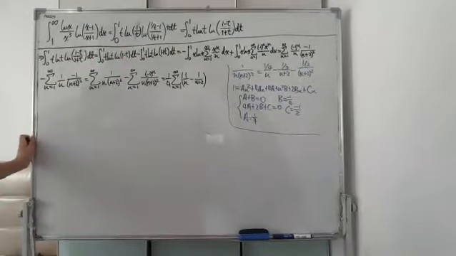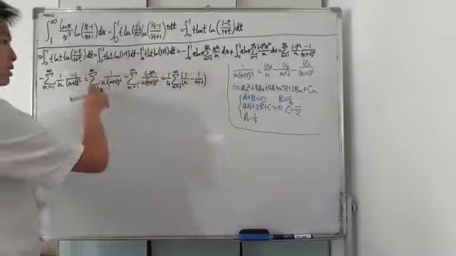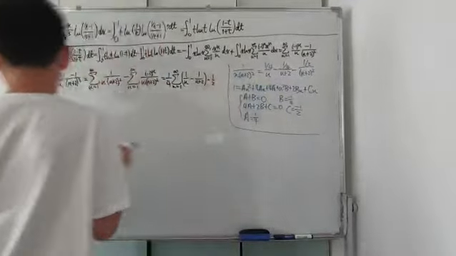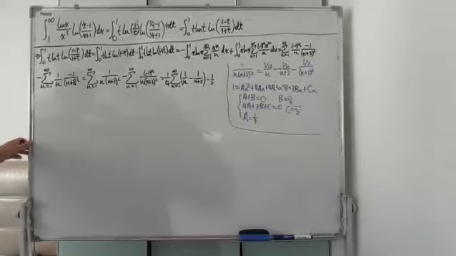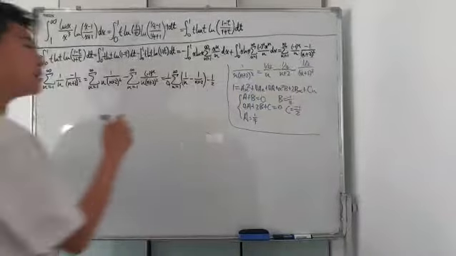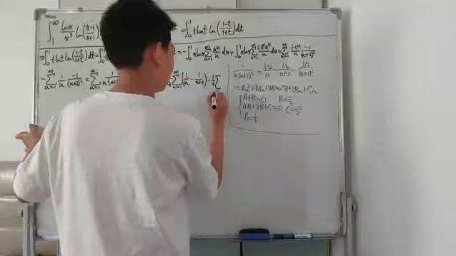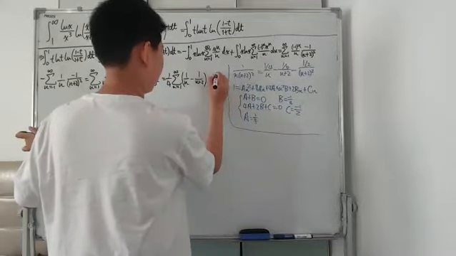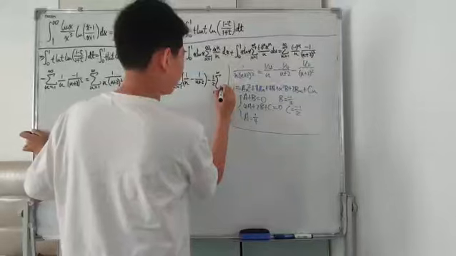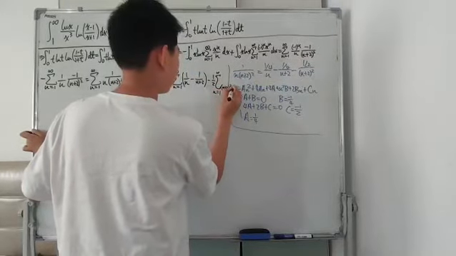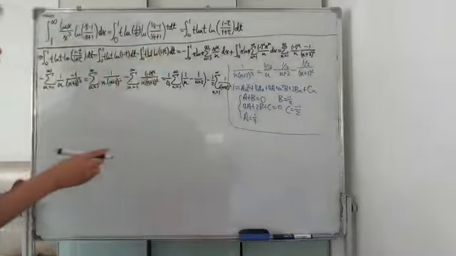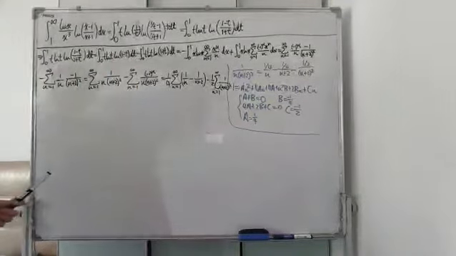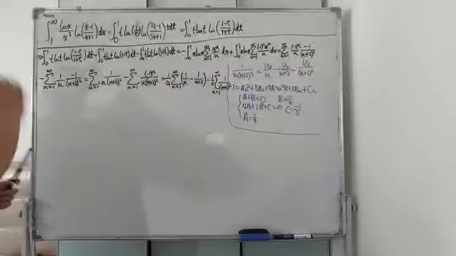And then minus 1 half times the sum from n equals 1 to infinity of 1 over (n plus 2) squared. For this other sum, it's going to be basically the exact same thing.